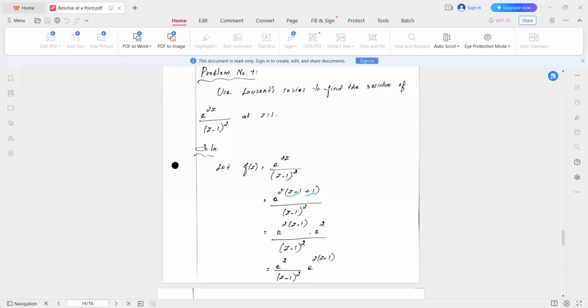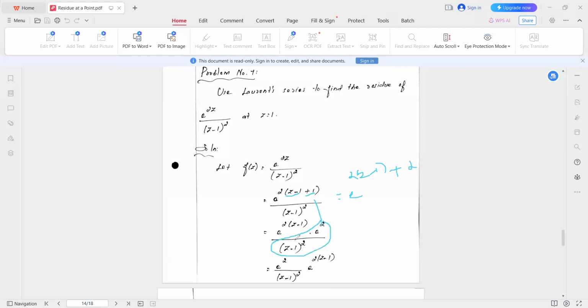So we get e power 2 into (z minus 1) plus 2. Since e power m plus n equals e power m into e power n, we have e power 2 into (z minus 1) into e square, divided by (z minus 1) the whole square.